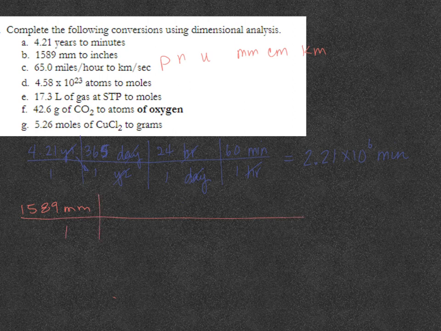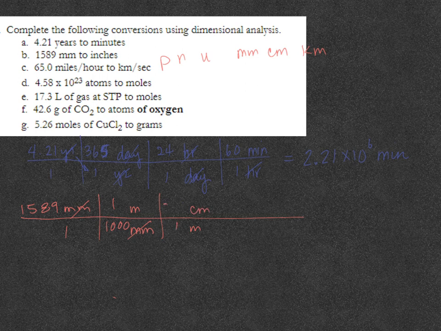So I put this over 1. Millimeter comes down. It's best to always go to the base or go to the unit. So millimeter to meter. Put the 1 by the bigger unit. Meter is bigger. And there are 1,000 millimeters in a meter. Now meter can come down. Centimeter can go to the top.